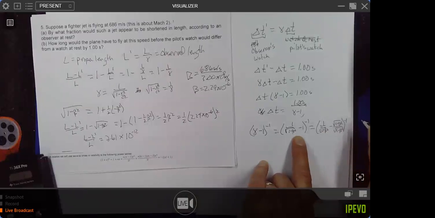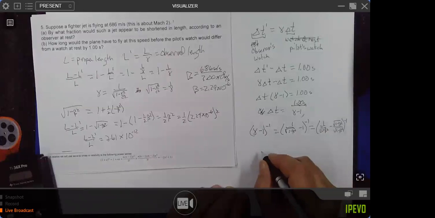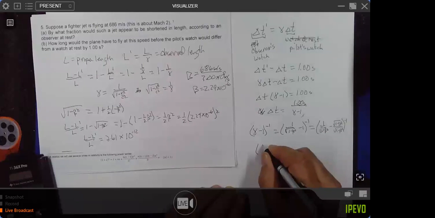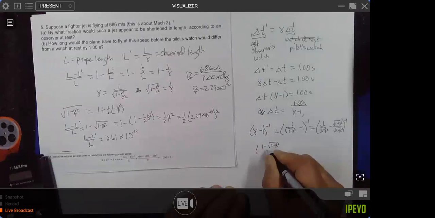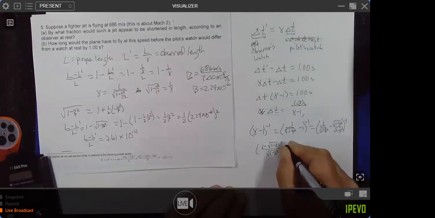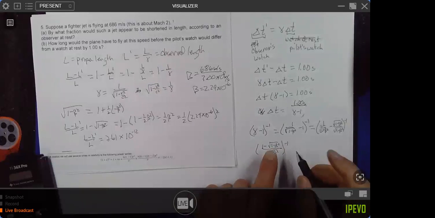Got a common denominator there, and I will have 1 minus the square root of 1 minus beta squared over the square root of 1 minus beta squared. This may be kind of messy. I'm not so crazy about this.